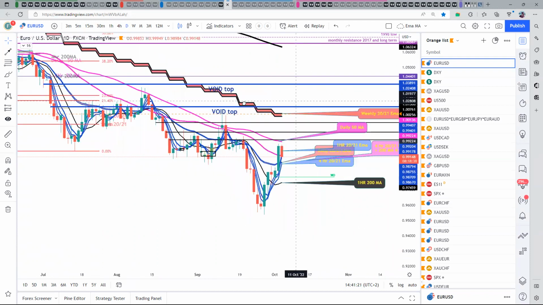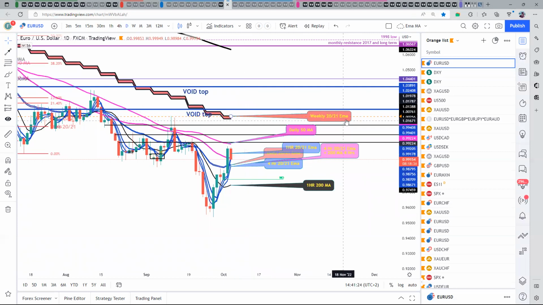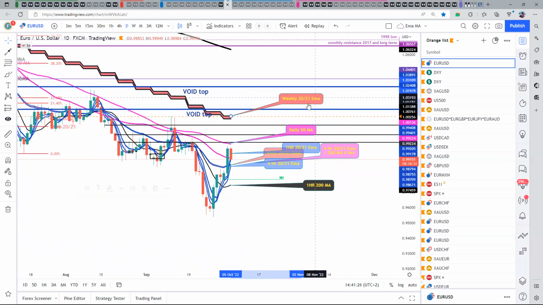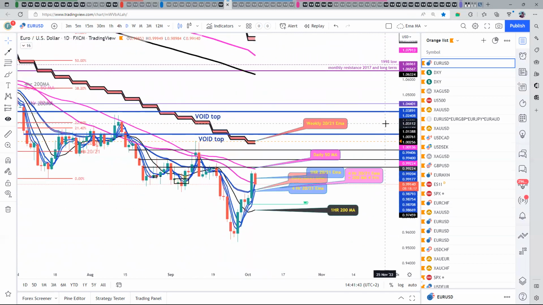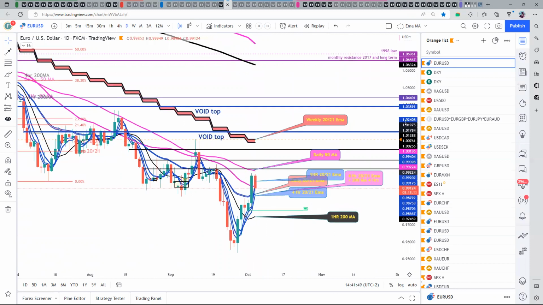From the dynamic support and resistances point of view, very important thing to point out, the next big one will be here around 1.1017 to 1.1020 mostly, yes, 1020, 1017. So this is the weekly big EMA that we will have on the way, and it's important to notice it. There was one more thing. Yes, it's this one on the way up.